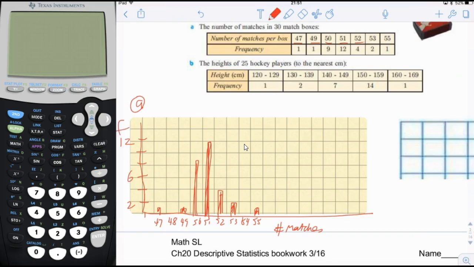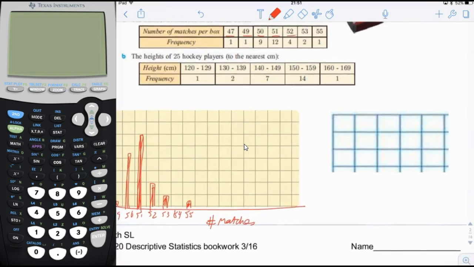Okay, and then in the other box we're going to put ranges, and the ranges go right on these lines here. So it's going to be 120 to 130 to 140, 150, 160, 170, and then I'll count these by 5s. So I'll have 5, 10, 15, and this would be height in centimeters, and this would be frequency.